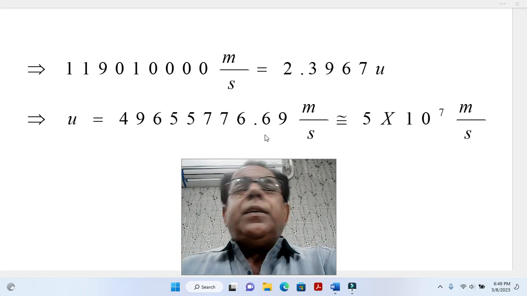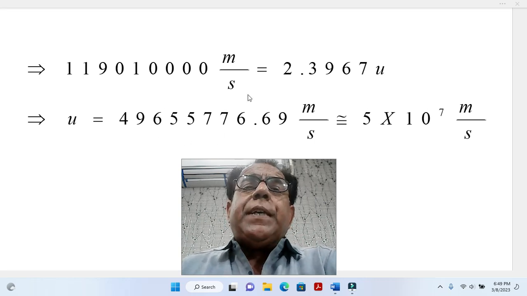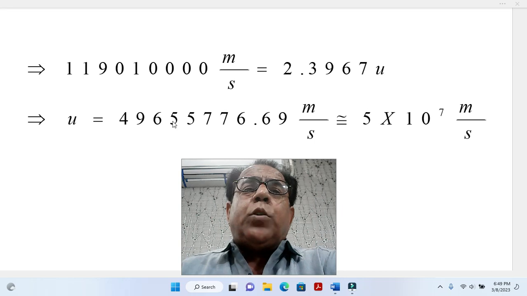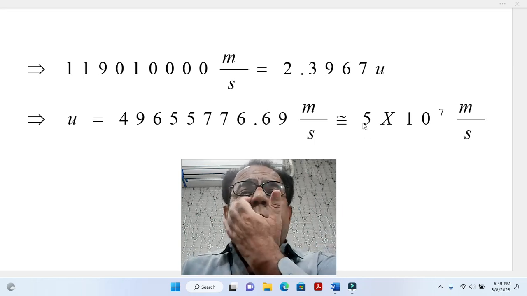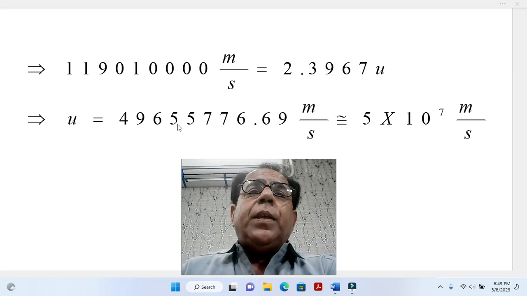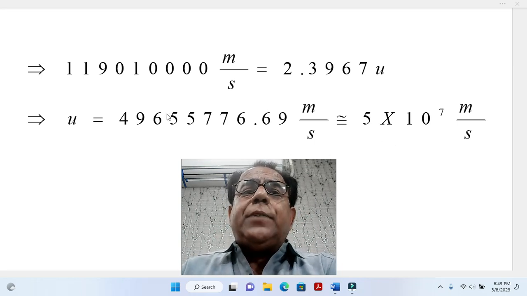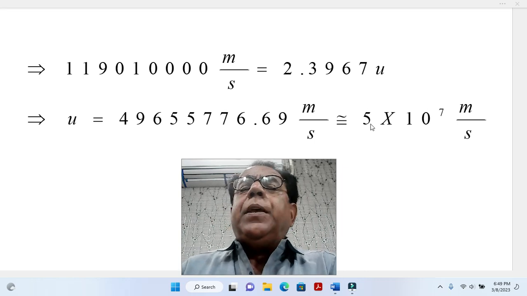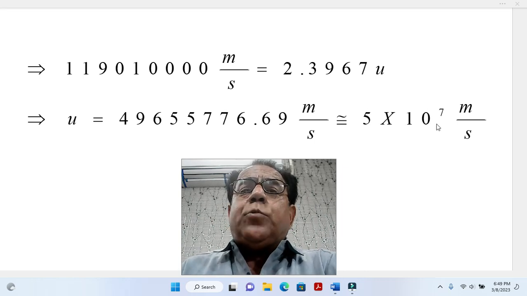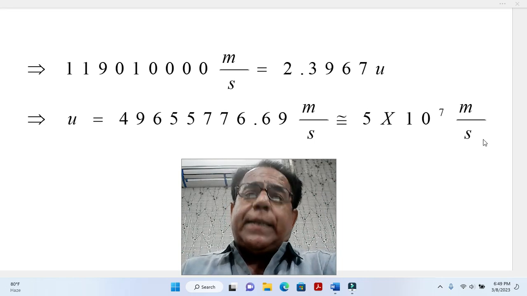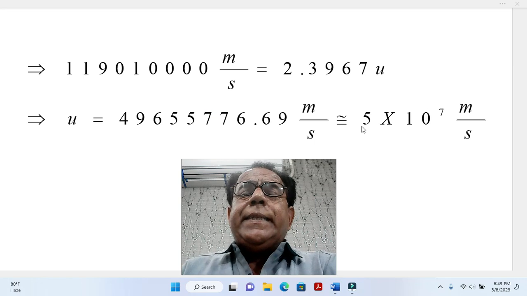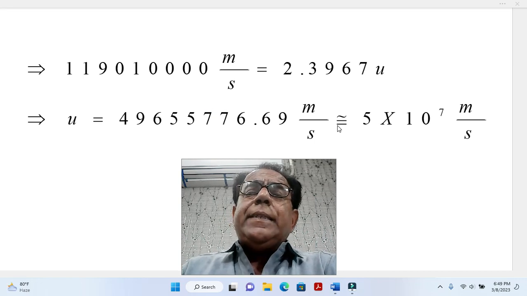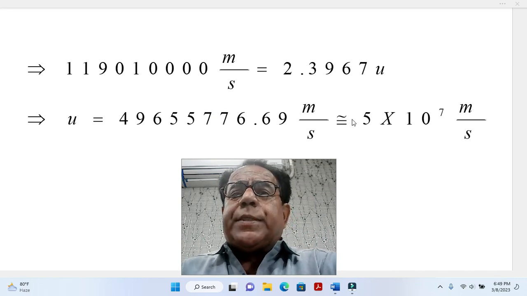So we convert it in this form, because 4.96 will approximately become equal to 5. So we will get u equal to 5.000, or simply 5 multiplied with 10 raised to the power 7 meter per second.